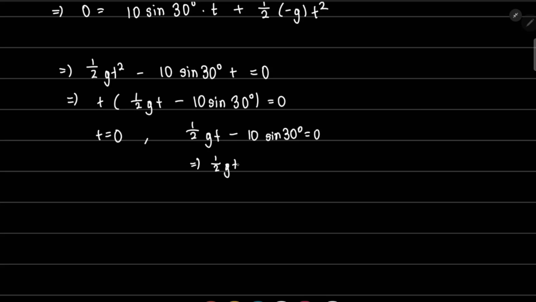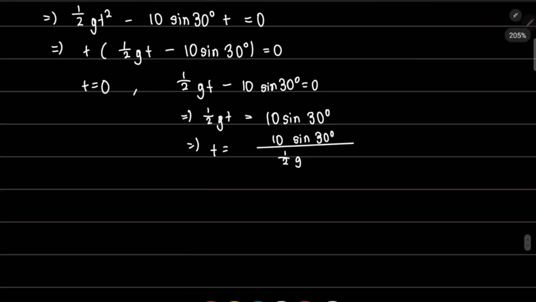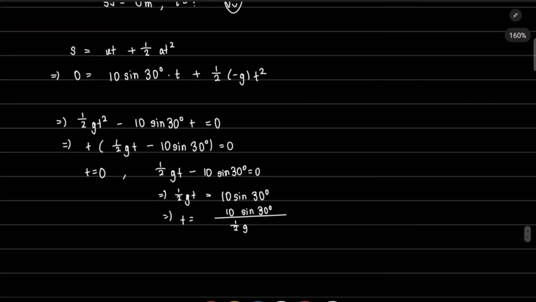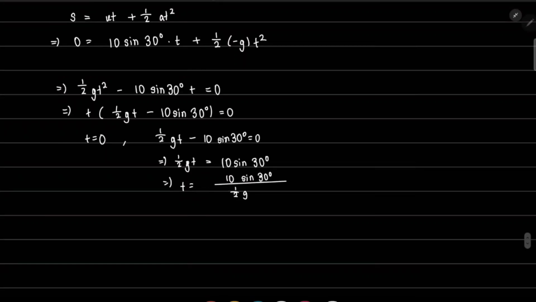Half g t is 10 sine 30. So t will be equal to 10 sine 30 degrees divided by half g. If you plug in the values, it will look nicer, obviously, but I'm just showing it in this form. Now we know the flight time.